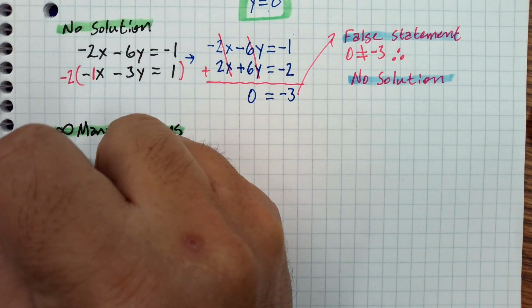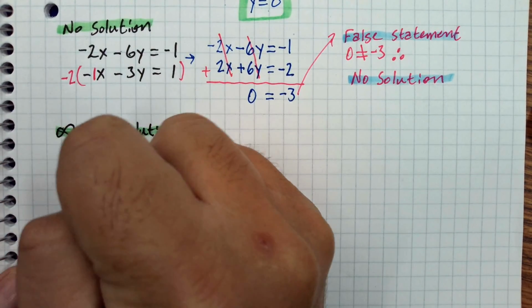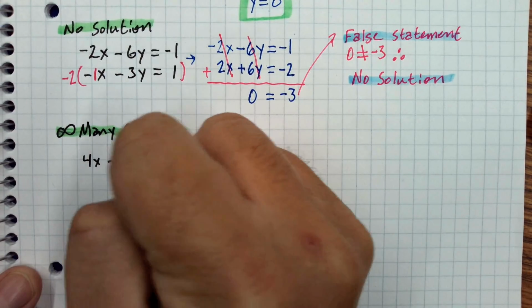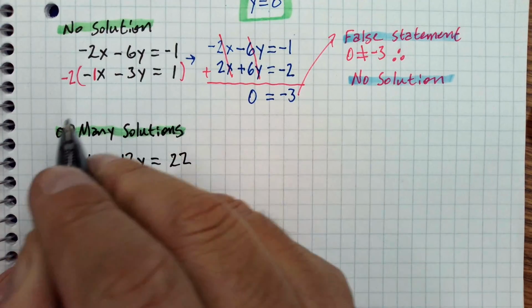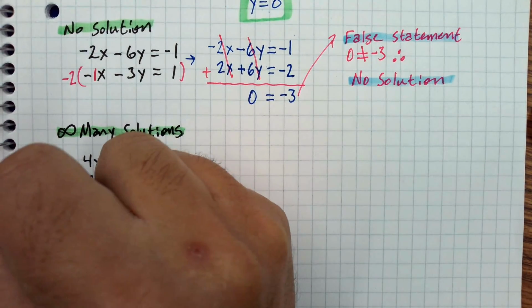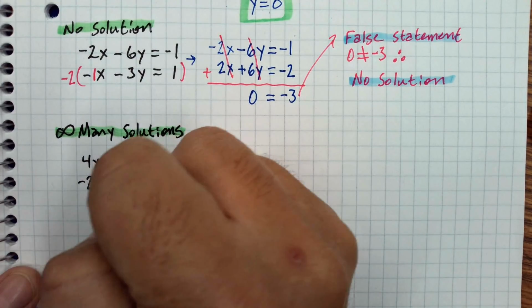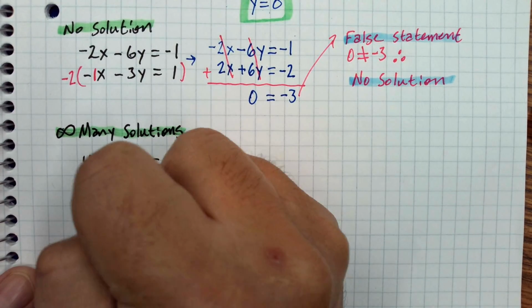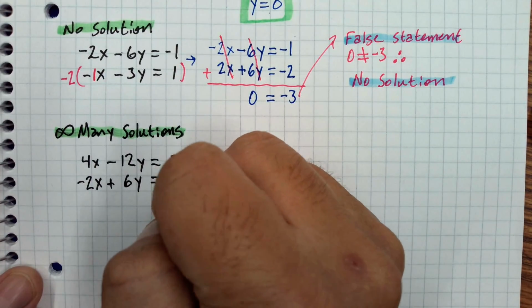Let's do 4x minus 12y equals 22, and negative 2x plus 6y equals negative 11.